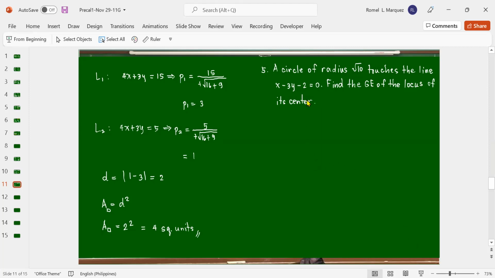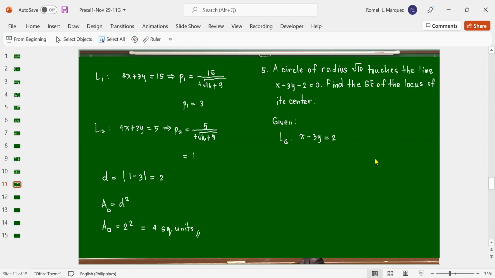So meaning the circle has a varying position, no? So let's illustrate that. Square root of 10 is approximately 3.16. So the line given, we have x minus 3y equals 2.